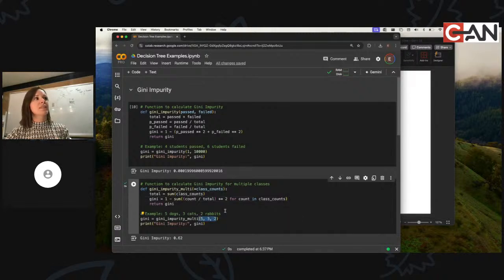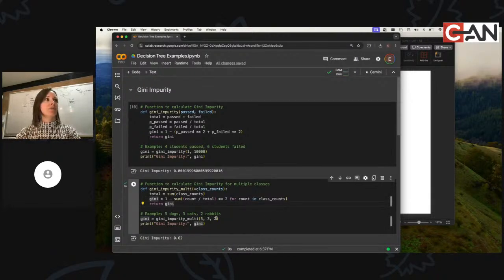In this case we have 5, 3, and 2. So for each item in that list, let's take those to the power of 2 and then divide that by our total, which we're calculating as the sum of all the items in that list, and then take 1 minus that. So we've generalized that.